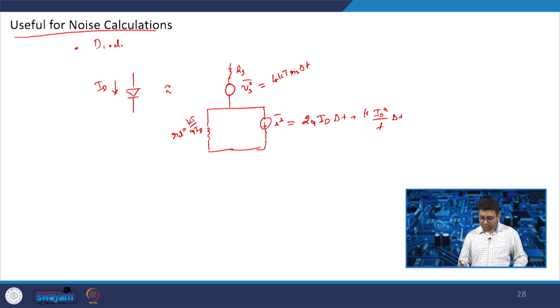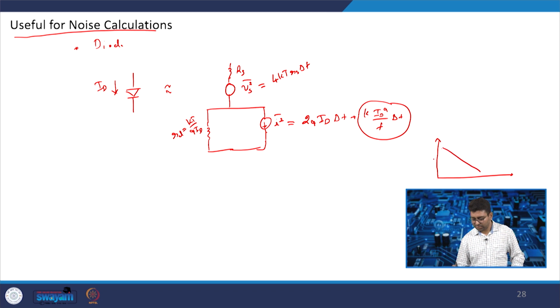This is the flicker noise, and if we draw it on a log scale, it is inversely proportional to the frequency. This is the power spectral density, and this is frequency. And in this, K is a constant.